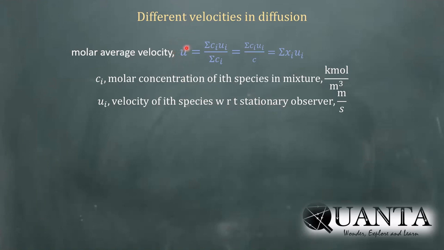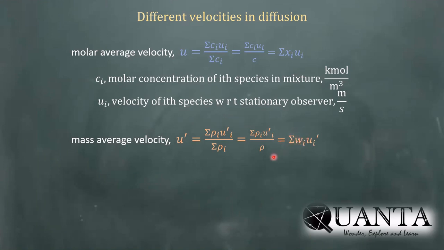Similar to a weighted average velocity based on moles, we could have a mass average velocity, which is based on the weight fraction or mass fraction. And since we're using mass fraction, we're talking here about the densities, the density of components and the total density of the mixture.